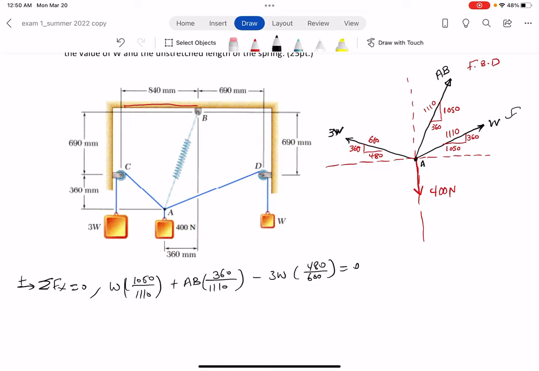So you have W, AB, and the minus 3W. That's equation number 1.